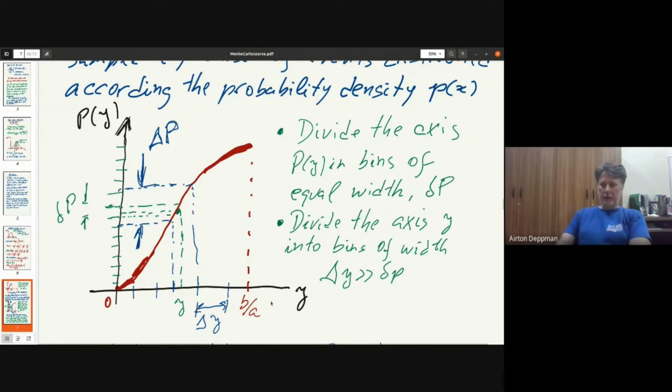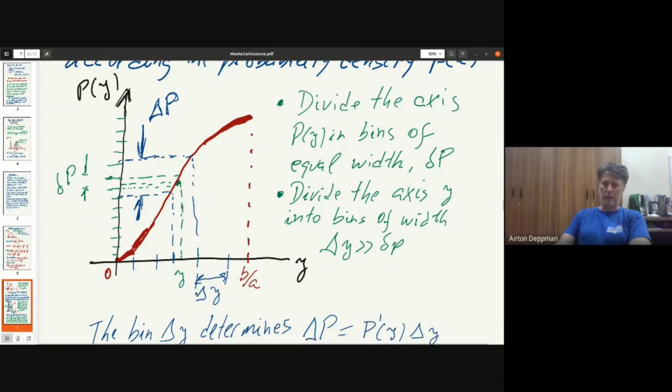And also here in the y axis, we divide with bins with delta y. They don't need to be the same. In fact, they cannot be the same width. In fact, we have to choose delta y much larger than delta p.